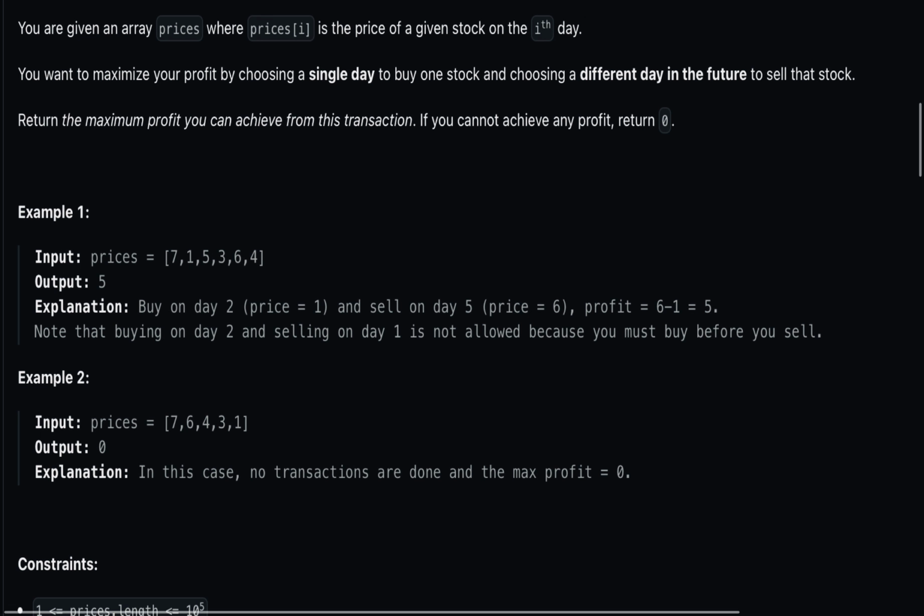So my logic is, you traverse the loop from the first index of the array, and you calculate the current profit. Before that, you have to create one variable called maximum profit.